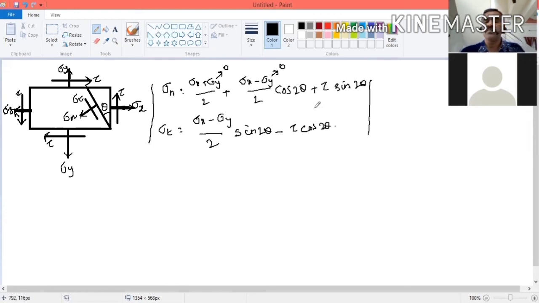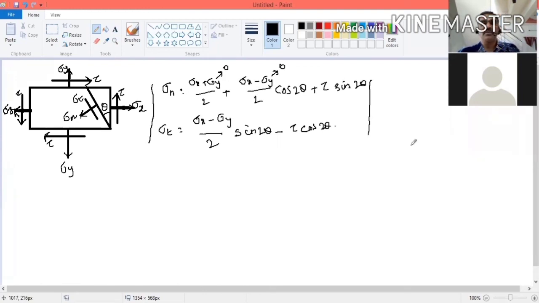So this is for two perpendicular forces as well as a shear force. If something is not given, you can put that value as 0 and you can get the data. Similarly for sigma t, right? This is a generalized equation. For any angle, for any system of forces, you can use this equation. If one is not there, you put that as 0, right?